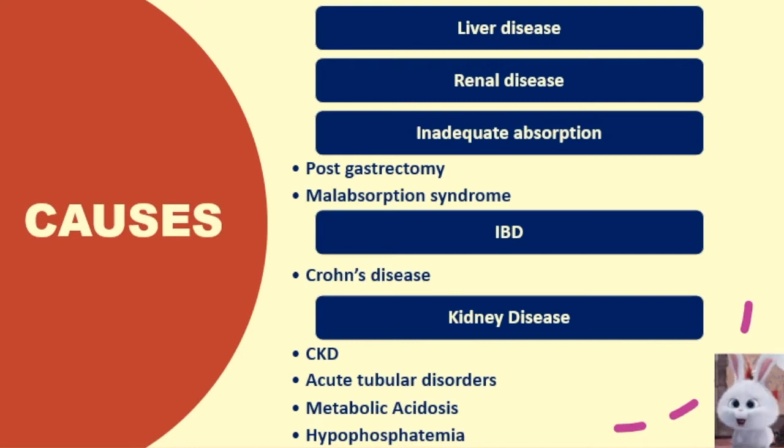So if your patient had gastrectomy, like Billroth I or II, bypass surgery, or bariatric surgery, or your patient would have malabsorption syndrome, there will be a problem on the absorption of calcium. For your patients who have undergone surgery, there is a decrease in the surface area of the intestine that is able to absorb your calcium.